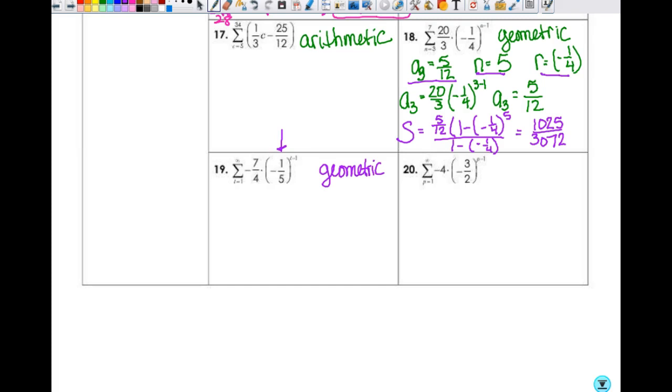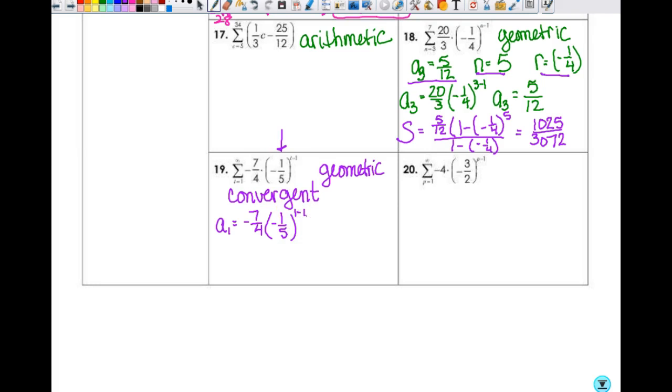Good guess. So since it's convergent, I get to actually find the sum, and this is what we're using right here. In order to do that, you have to have A1. So we have to find -7/4 times -1/5 to the 1 minus 1 power. What's 1 minus 1? 0.